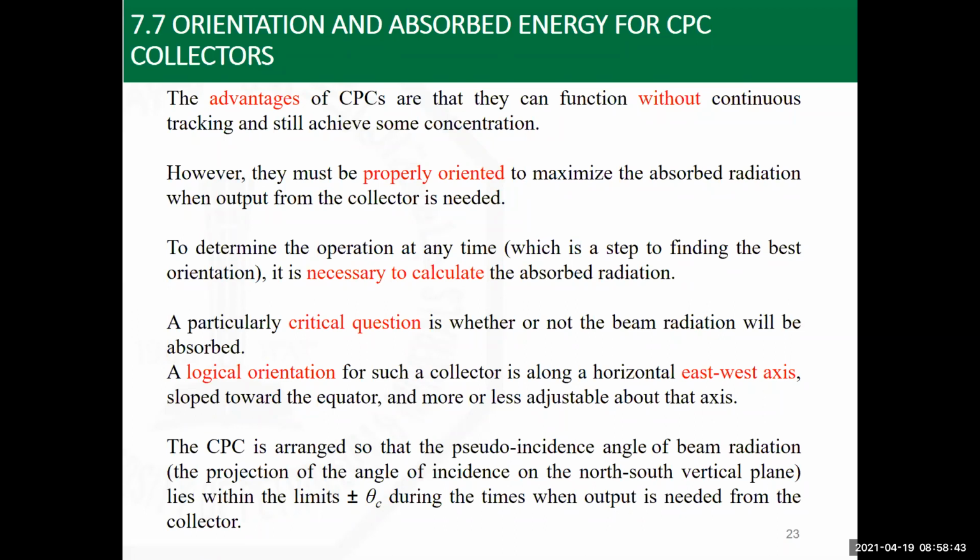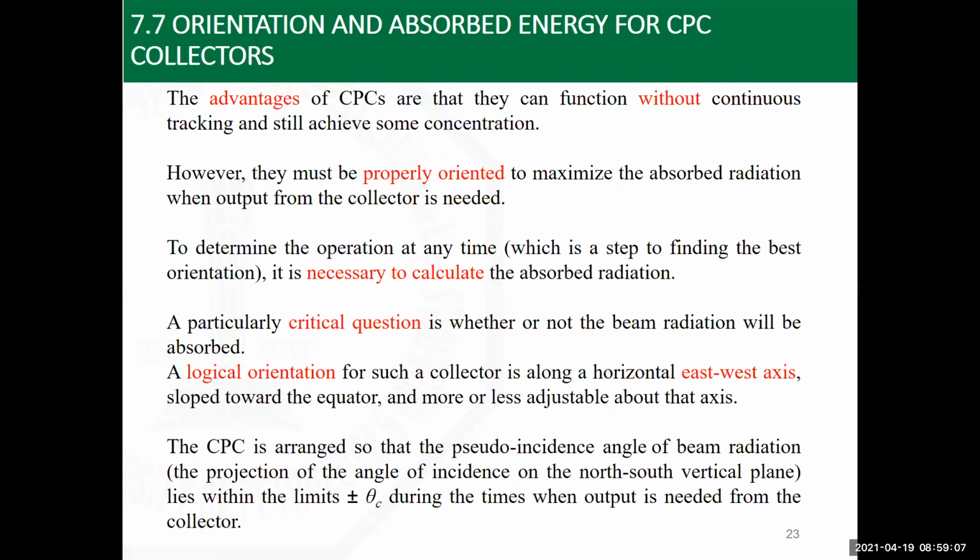Accordingly, they came up with a logical orientation for these collectors: the collector would be oriented on an east-west axis, which is sloped toward the equator so that it would be facing the sun. More or less, you can adjust it around this axis.